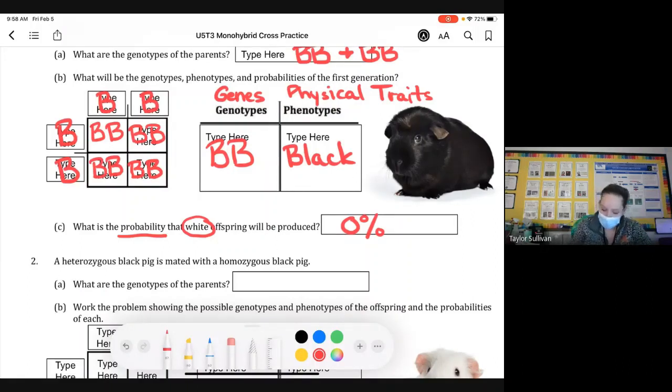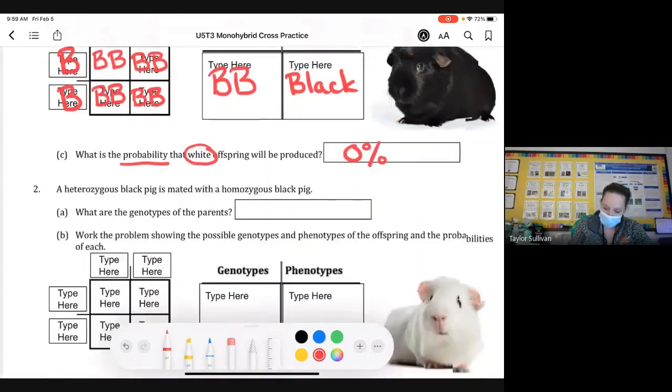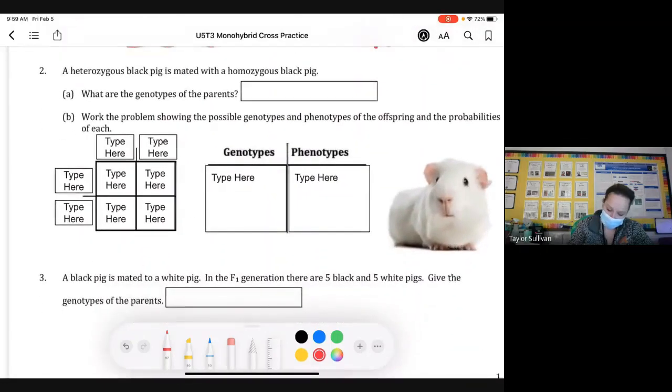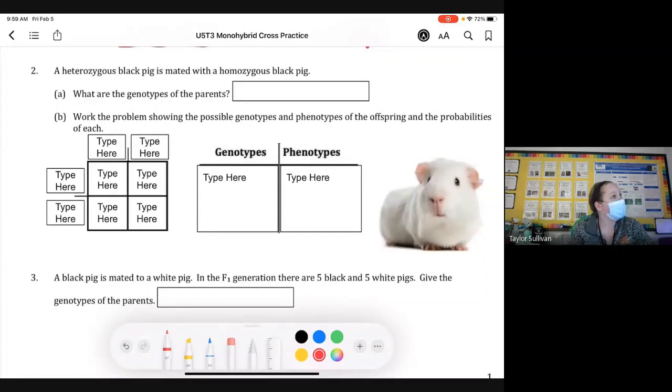All right, so now we've got the hang of how to tell what the genotype is and fill in a Punnett square. Let's change those genes for the next parent. This time, I'm going to change colors, and we are looking at a heterozygous guinea pig. What does hetero mean? Same or different? Different.